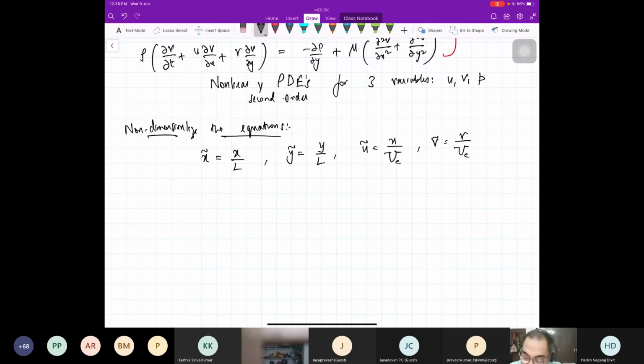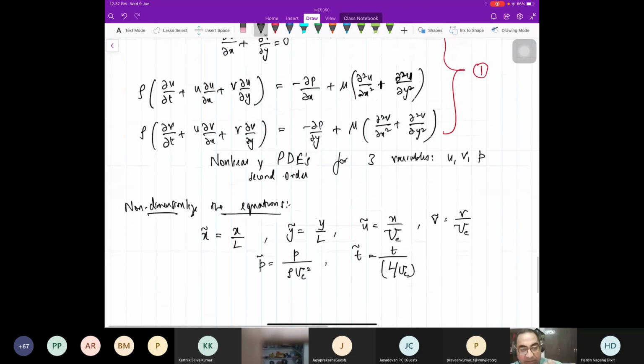Similarly, I'll take a scale for pressure: P tilde is P by rho UC squared. I will take time as time by L by UC. So L and UC are the characteristic length scale and characteristic velocity in the problem.